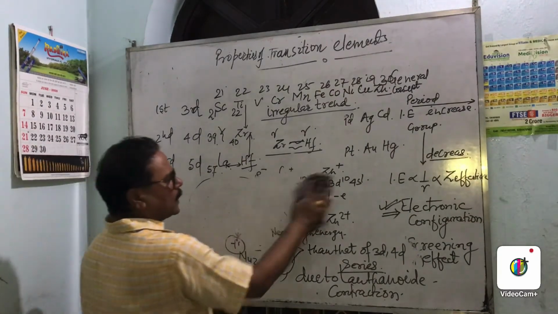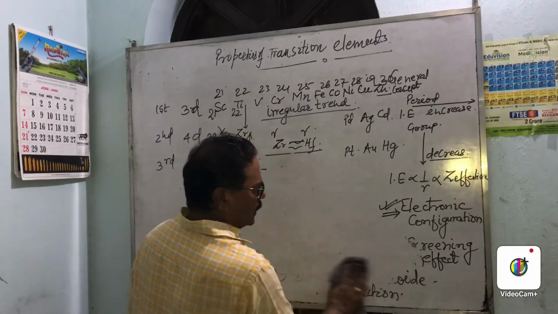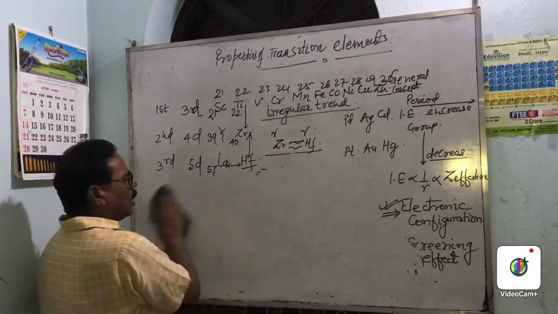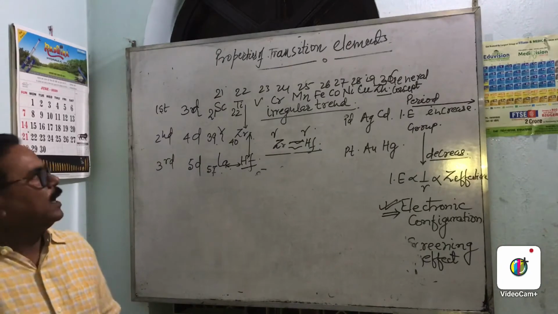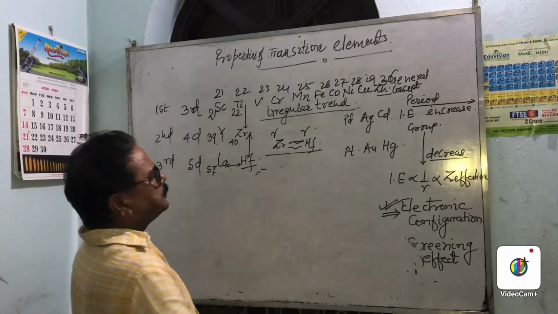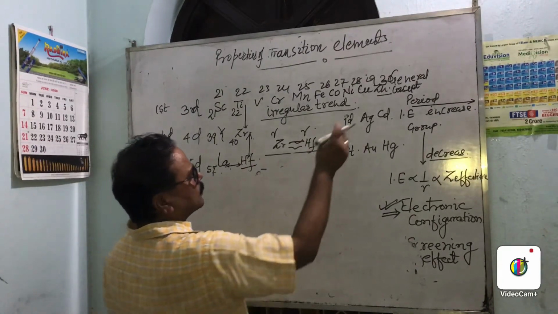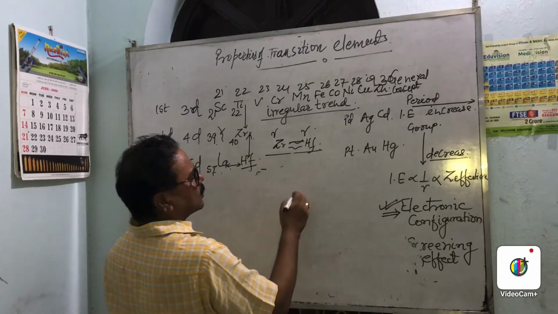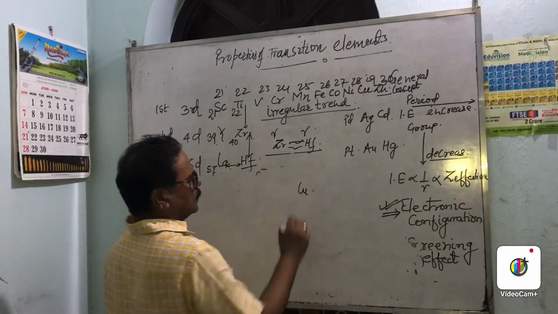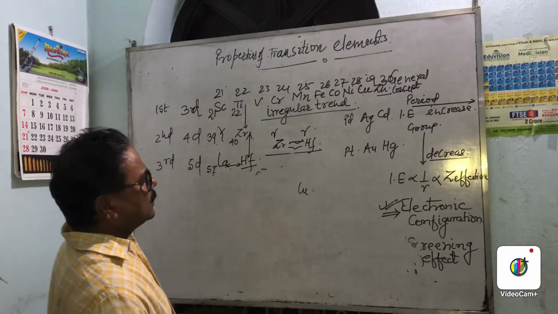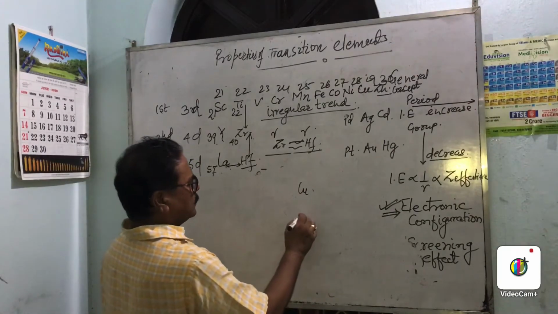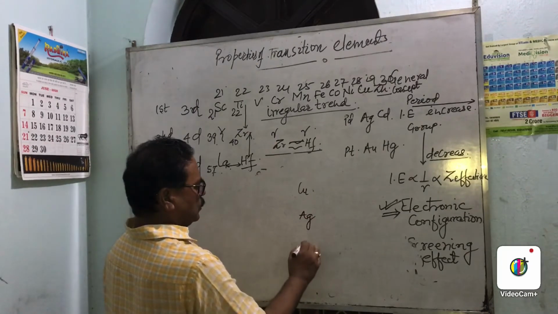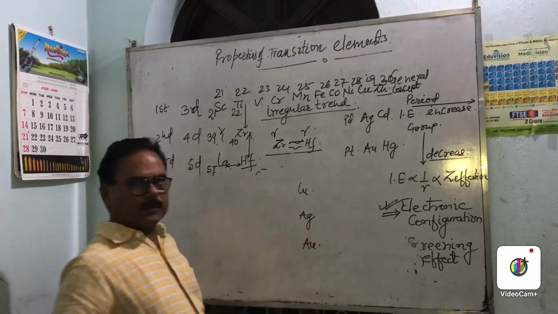Now again we take another case, how the ionization energy varies. Suppose we take here copper, silver and gold.